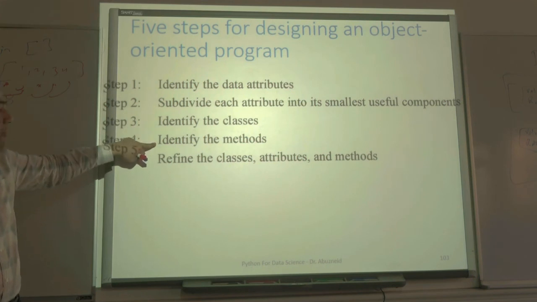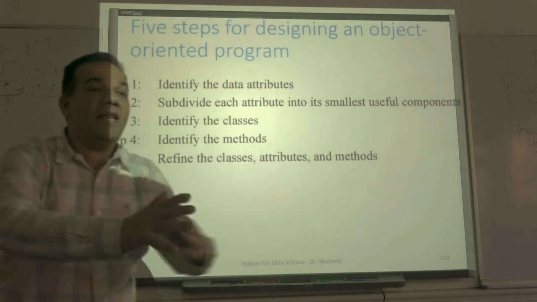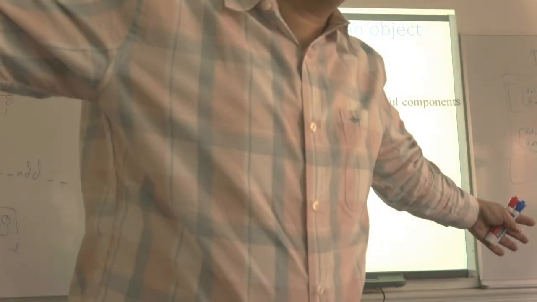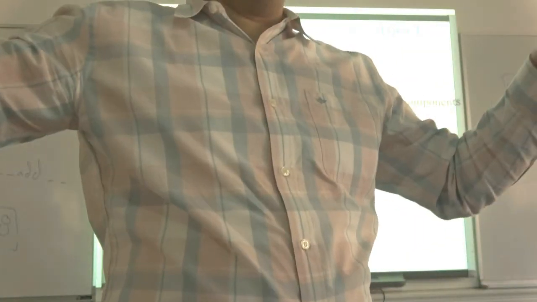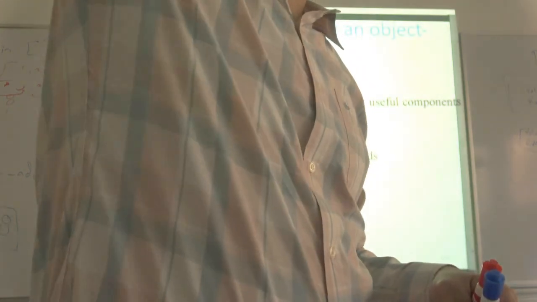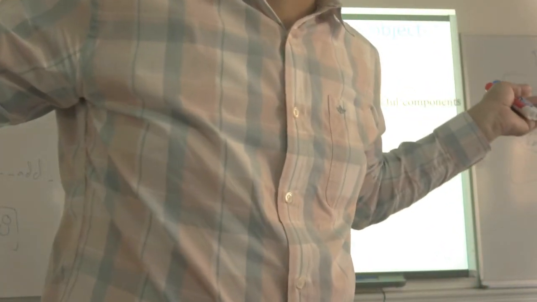Then identify the methods. Each class has attributes. You have many attributes. You could put all of them in one class, or you could put them in a few classes and inherit them from each other, or they could be parallel. You could have parent, child, subchild. That depends on the application and your design.